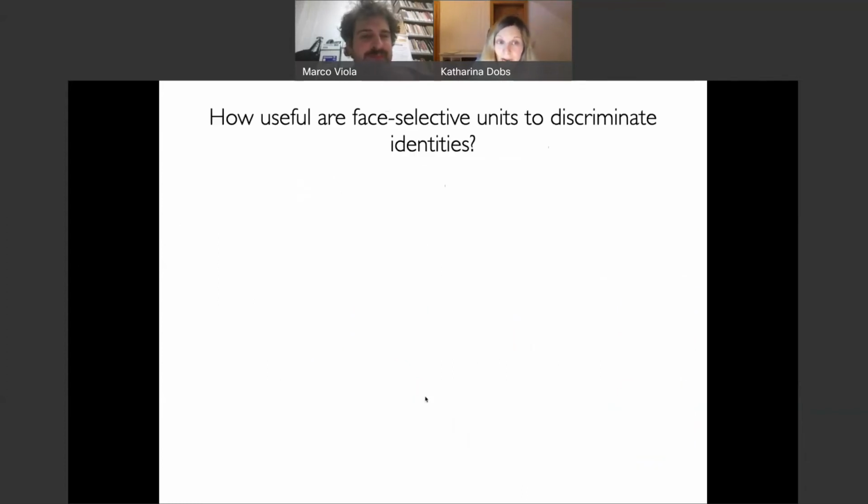So we wondered, how useful are these face selective units to discriminate identities? Would they all be equally useful to discriminate different identities from each other? In order to test that, we had 100 held-out identities. These were novel identities none of the networks had ever seen before or been trained on, 10 images each.